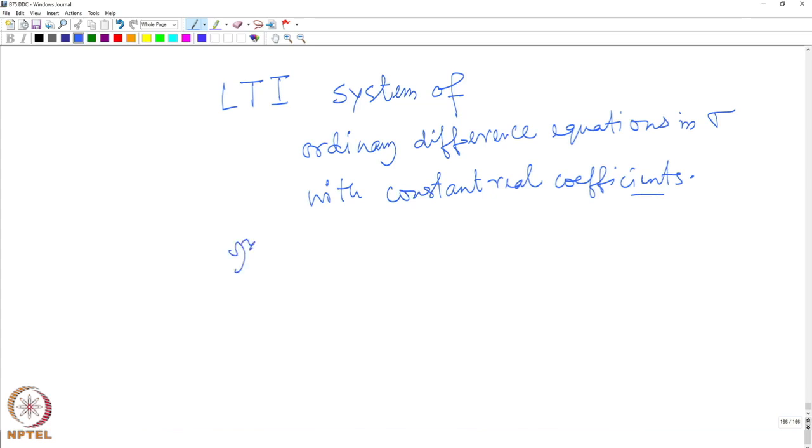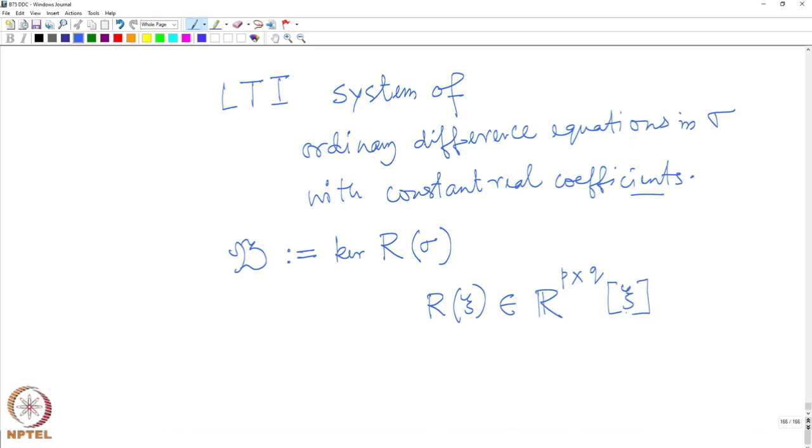So, what is my model class? The model class contains typical behaviors which are given by kernel representations of polynomial matrices R(sigma), where R(xi) as before is a P cross Q, or G cross Q, we will say P, it does not matter, size polynomial matrix.